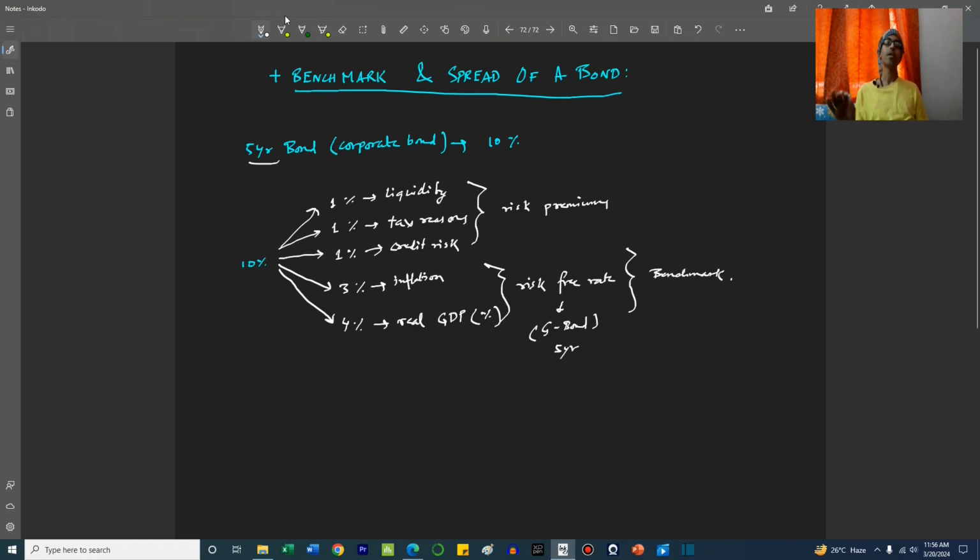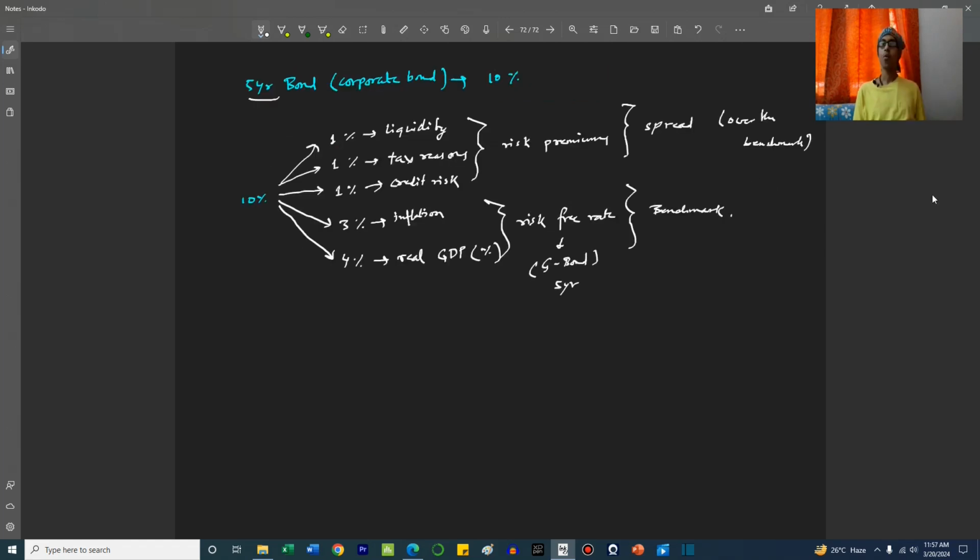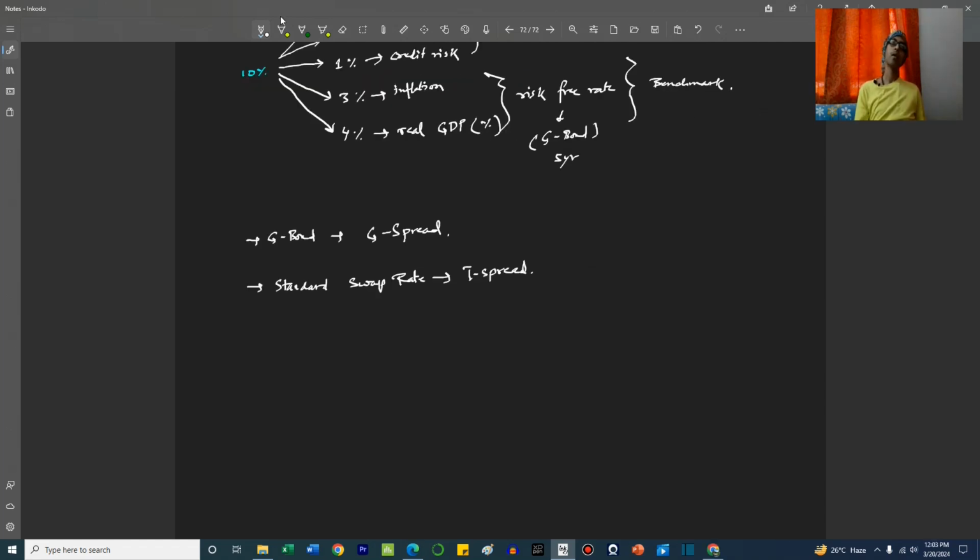That is the basis with which corporate bonds will be compared, and whatever higher yield the corporate bond provides is called the spread over the benchmark, right? Now benchmark can not only be the government bond, it can be a swap rate also. So when the benchmark is a government bond, the spread is called G spread. Now when the benchmark is a standard swap rate, we call the spread I spread.